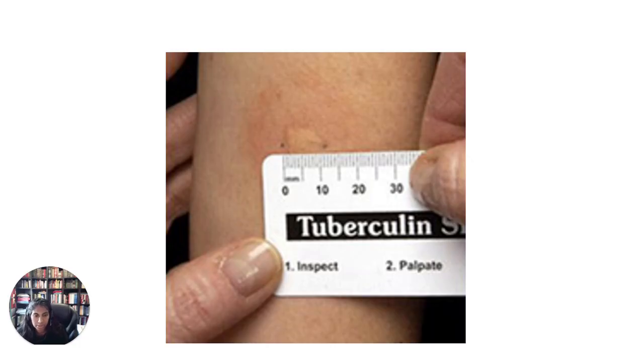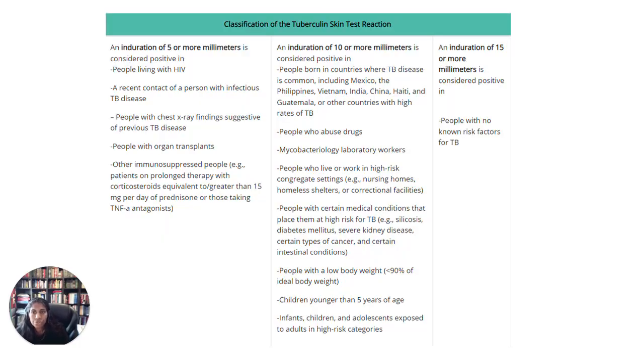What classifies as a positive test depends on what someone's risk factors are for latent TB infection. If someone has no risk factors for TB, then a test up to 15 millimeters is negative, and 15 millimeters or more of induration is considered positive.